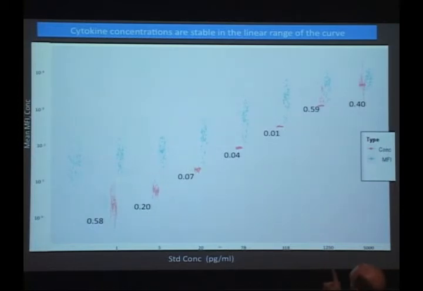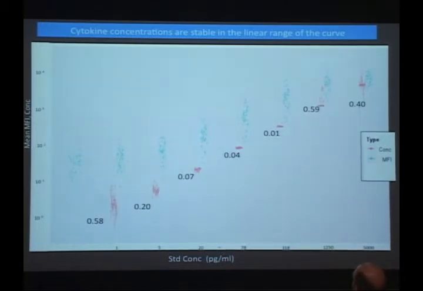In contrast to what Yael was saying, it looks like your CVs are higher on MFI than on concentration. Is that true? It looks like it's more spread.